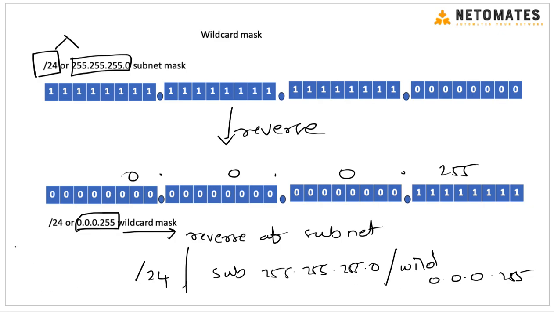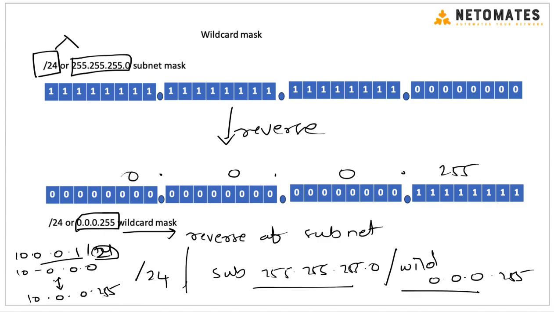Suppose we give 10.0.0.1/24, it means the network starts from 10.0.0.0 and ends with 10.0.0.255. Whether you represent it with /24, the subnet mask or the wildcard mask, it is representing the same network.